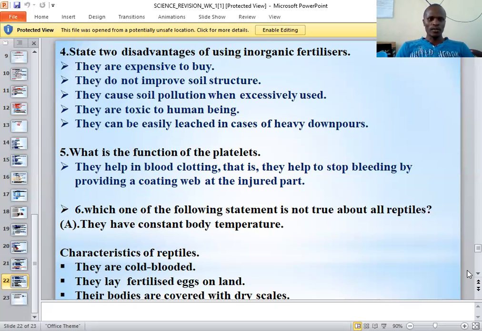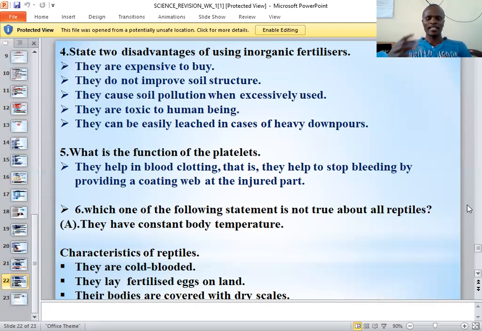Number 5, what is the function of the platelets? Now, this is in the human body, the blood components. Platelets are a component of our blood that is very useful, because they help in blood clotting. Blood clotting is where a clotting web is formed, especially when there's an injury.